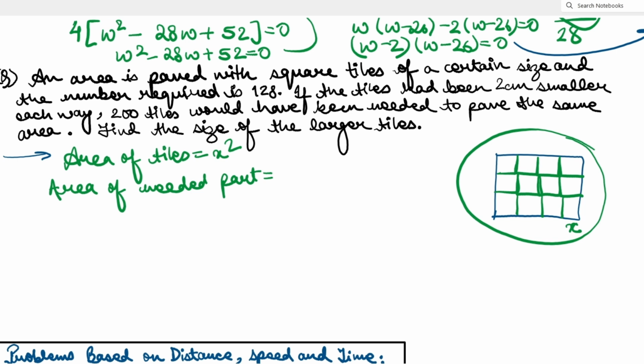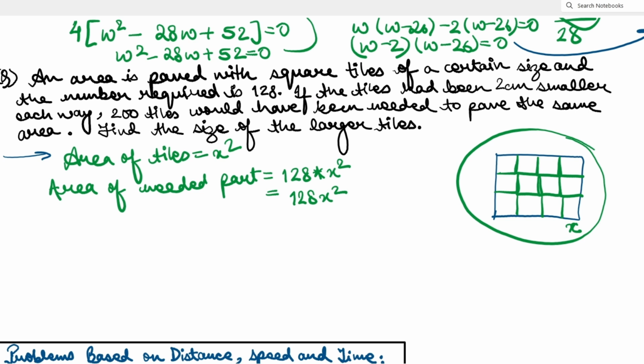You have 128 tiles, and if x is the size of one tile, it becomes 128 into x square. So for every tile we calculate the area, and it becomes 128 x square. This is your totality, which your question says till now.